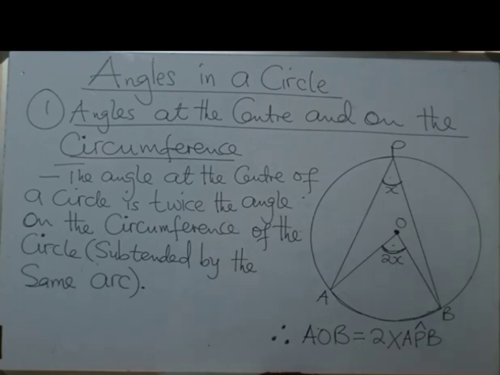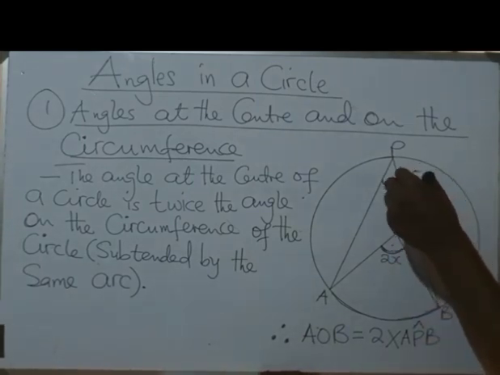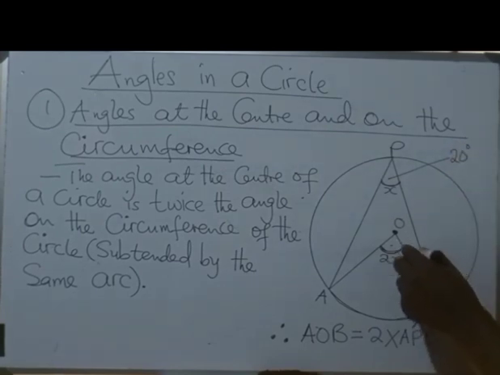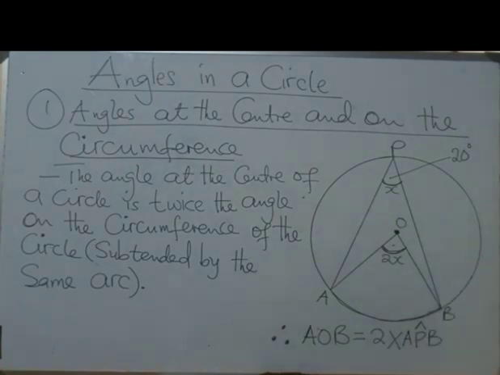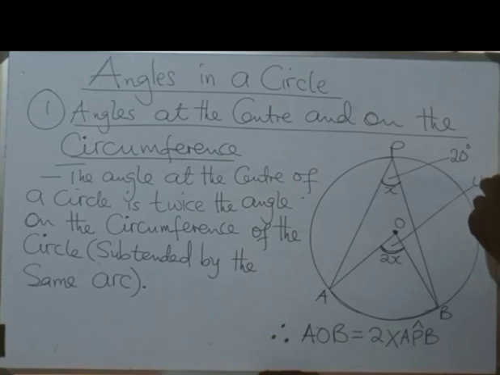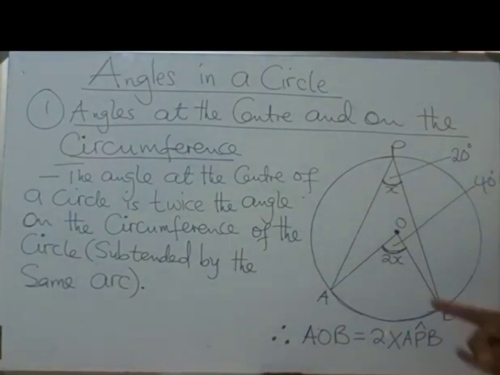What it means is that if this angle is 20 degrees, this one will be 2 times 20, meaning this one will be 40 degrees. If there it is 50, this one will be 100.